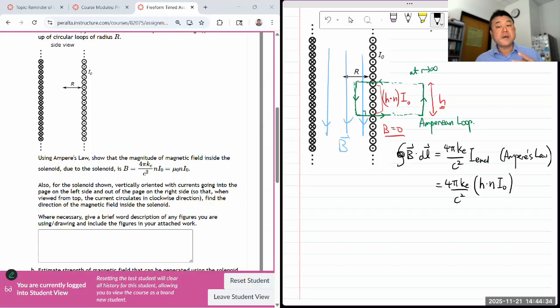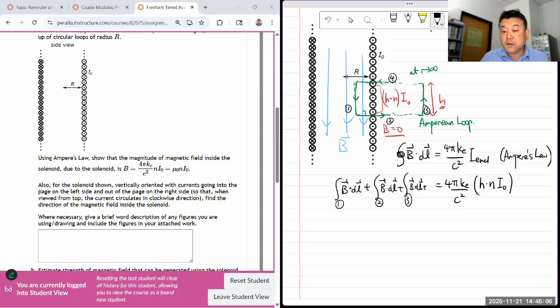The left hand side: technically you have to break up the integral into 4 parts, 1, 2, 3, 4. So this line integral around the closed loop really becomes still a line integral, but not a closed loop anymore: the integral along segment 1, plus the integral along segment 2, the integral along segment 3, plus finally the integral along segment 4.